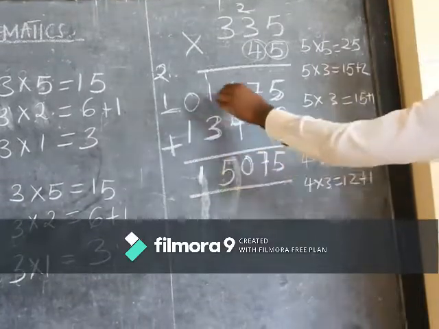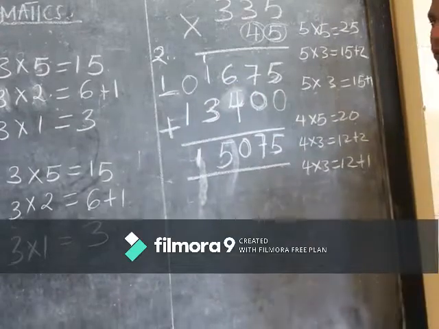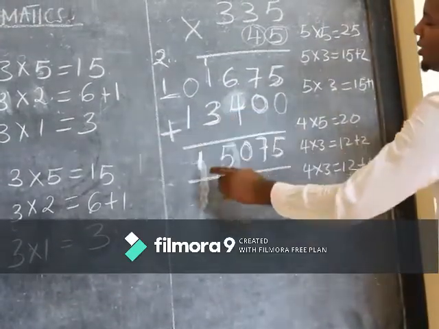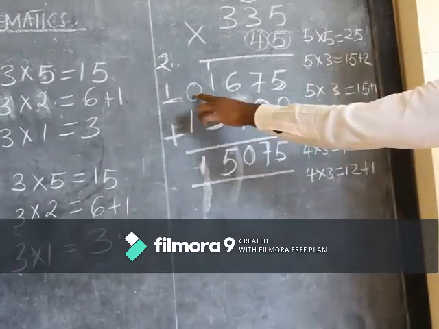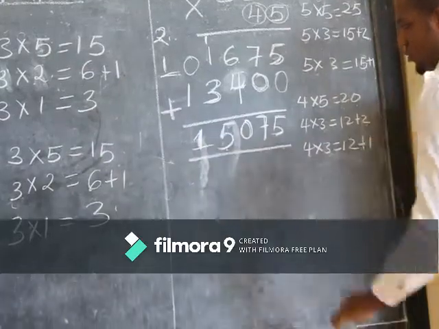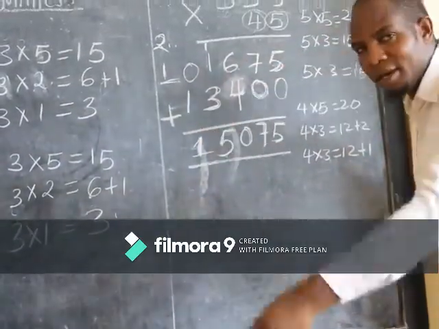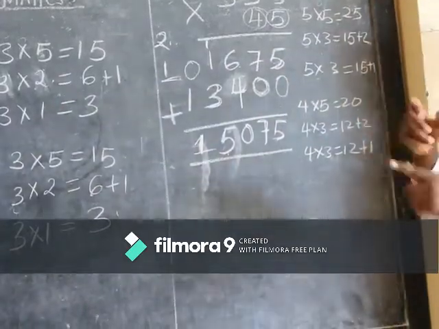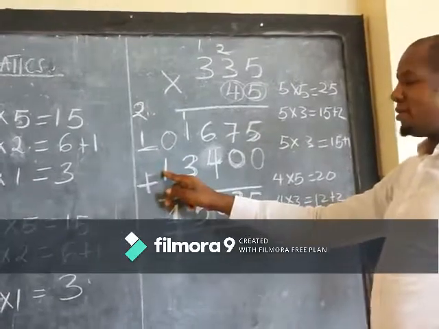You write 0, you carry 1 up. 1 plus 1, 2. 2 plus 3, that is 5. Then you write 5 here. Here is 0. 0 plus 1 is 1. Why do I say that? A 0 plus a number is that number. But a 0 minus a number is impossible. So, 0 plus a number is a number.